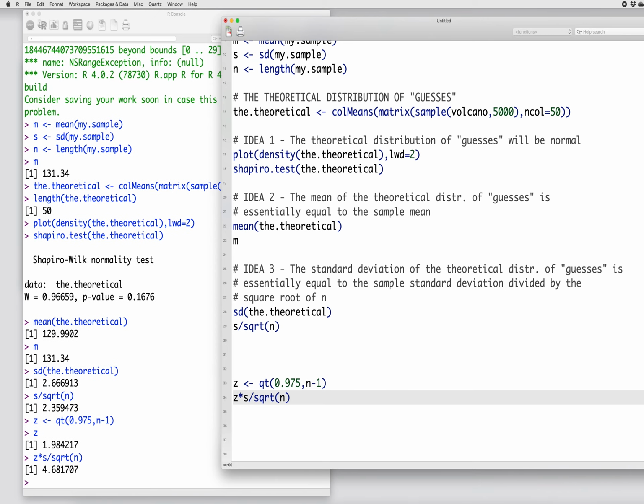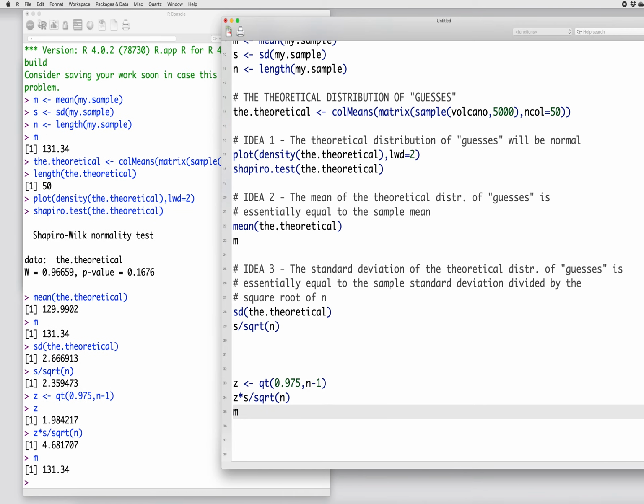And so now we're saying 4.6, 4.7. Our sample mean was 131. But we are 95% confident that the population mean is within 131 meters plus or minus 5 meters.